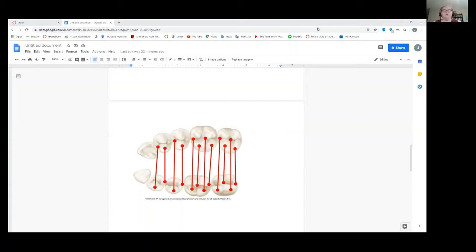So that's centric occlusion. Everybody put your tongue to the back of your mouth, like this, all right? And bite down. Okay, that is your centric occlusion. All right, that is your occlusion.